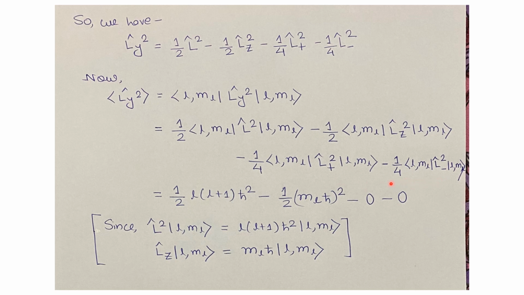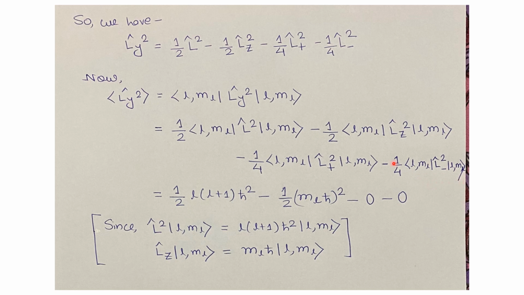Now we have seen this expectation value will be non-zero only when the ml value is 2 greater than this ml. But here it is the same, so it will give 0. By the same reason, this element will also be 0.